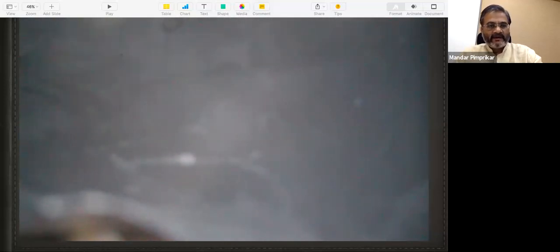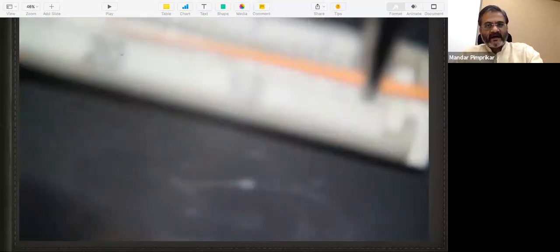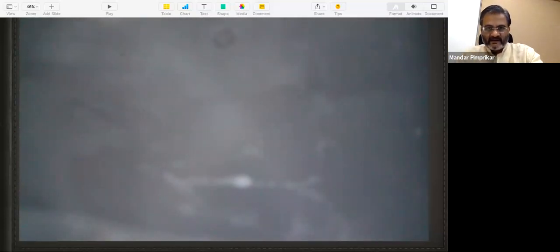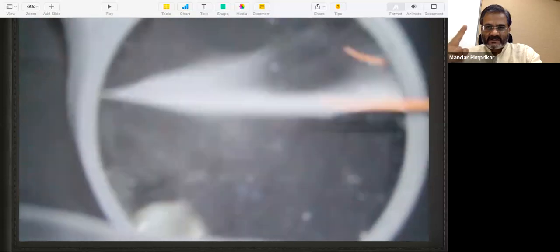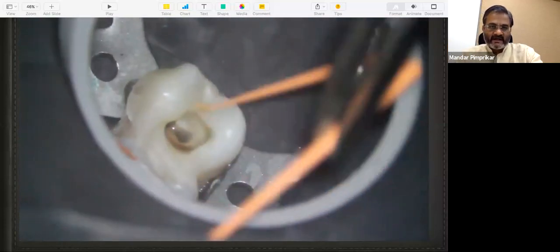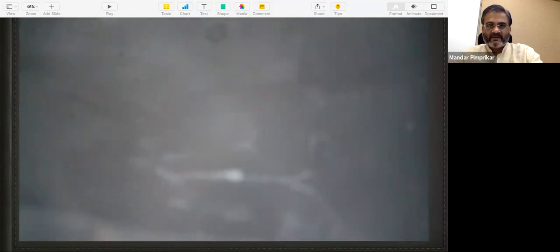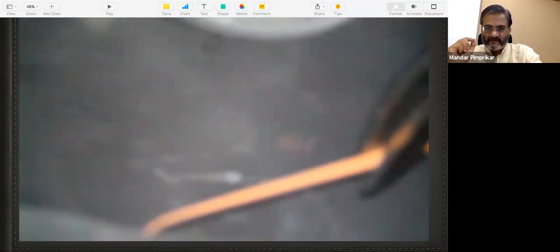Now I have poured irrigant into the prepared canal. I know my working length, and I'm going to stay short by 2 millimeters of my working length, and use self-locking tweezers to insert that selected master cone into the prepared canal, which is filled with the irrigant.